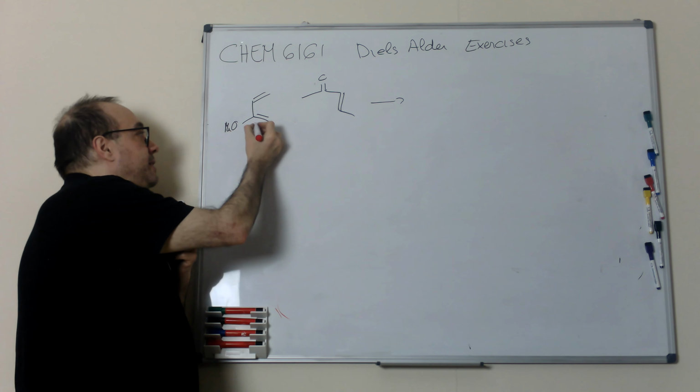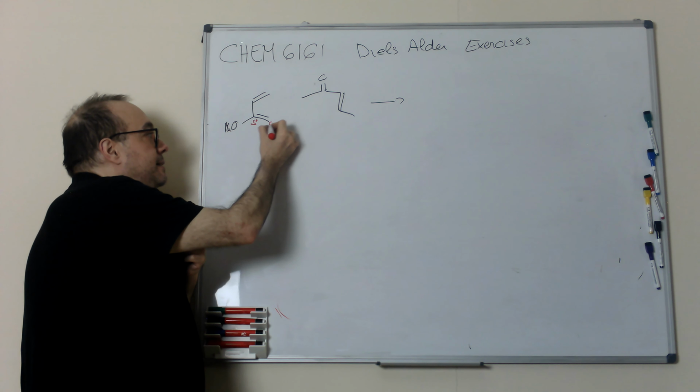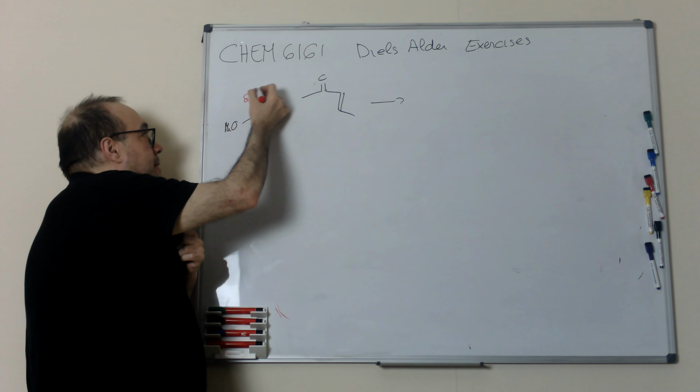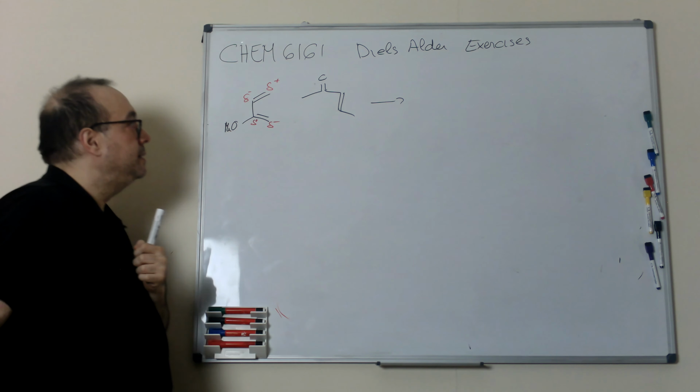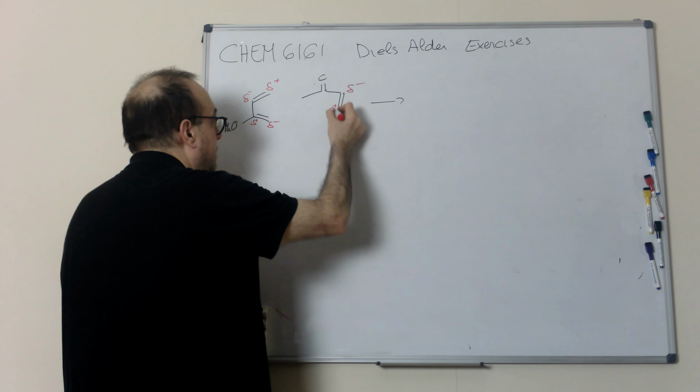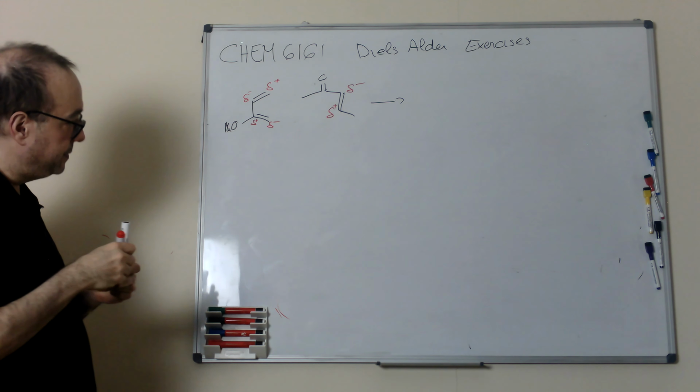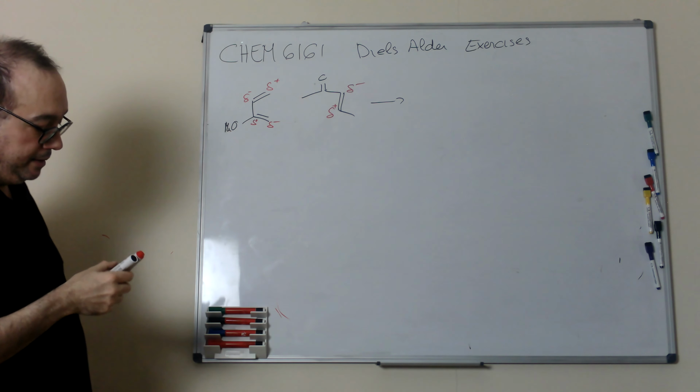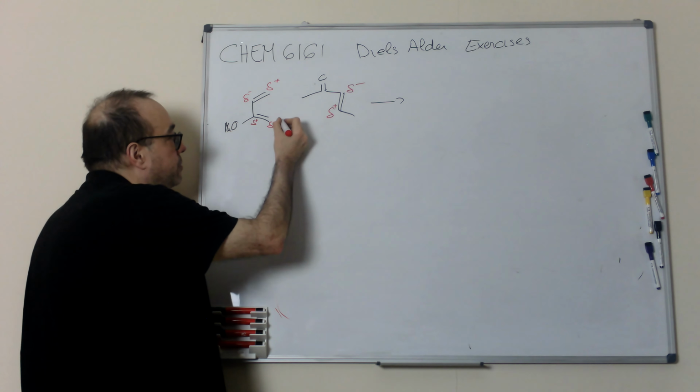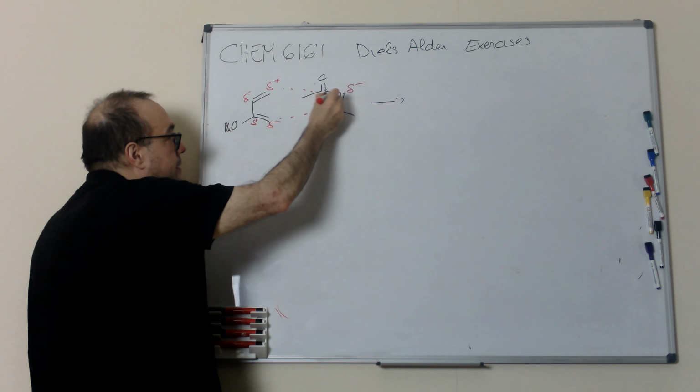If we have a methoxide here, this is lambda plus, lambda minus, lambda minus, lambda plus. On the other side, if I have an electron-withdrawing group here, I will have lambda minus here, lambda plus here. That means that the reaction will take place with this regioselectivity.